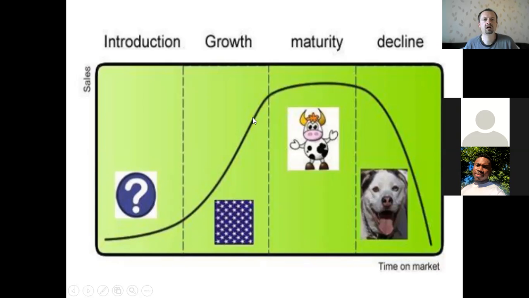Then the market is growing, so we have a star. When we have maturity in our industry, it means that this strategical business unit is a cow, and when the market is declining, the strategical business unit means that we have a dog.